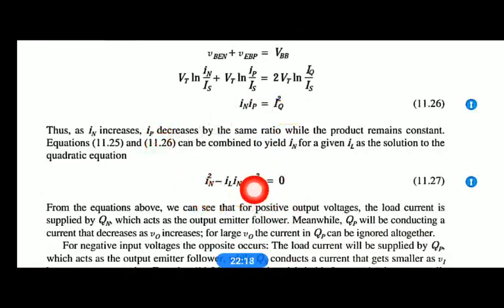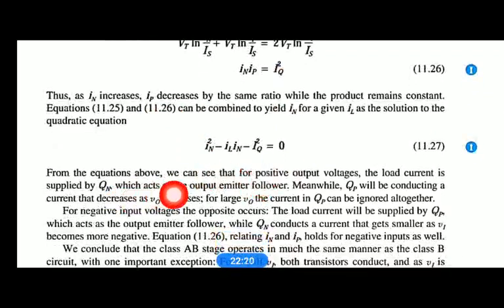This will give you the equation which clearly indicates that the load current here depends on the In, right? And if In is increased, the load current is also increased here.